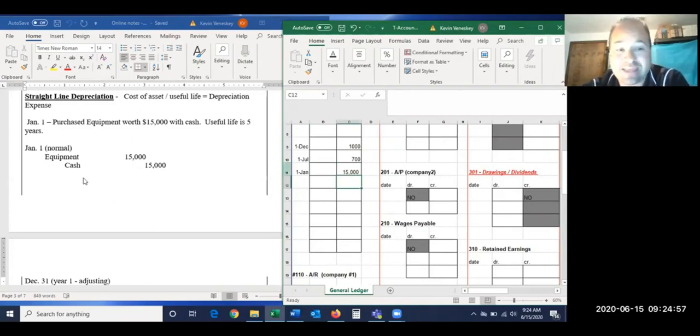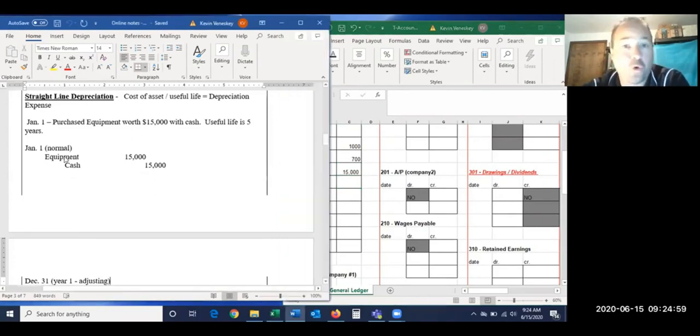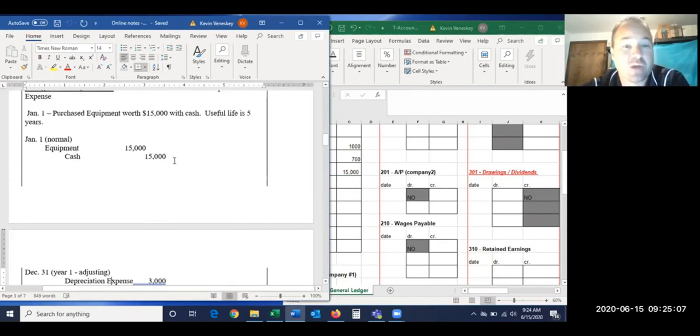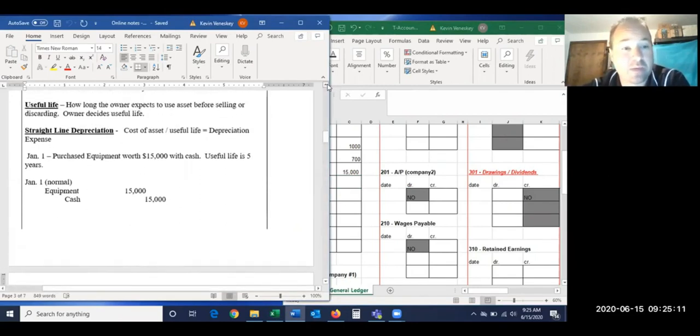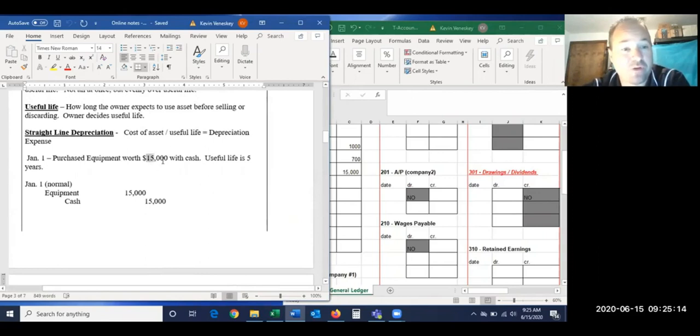Now, notice here, there is no account called equipment expense because I'm not using the equipment all this year. I'm using it a little bit over the next 5 years. So now to get the depreciation expense, all we do is go back up to this formula, put in the cost, 15 grand. It's the cost of the asset.